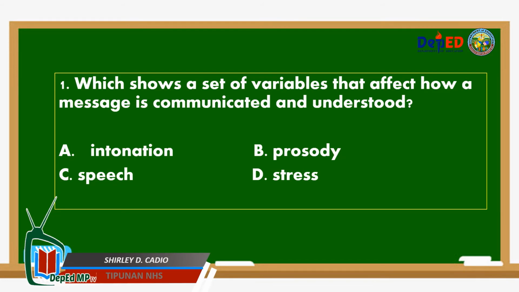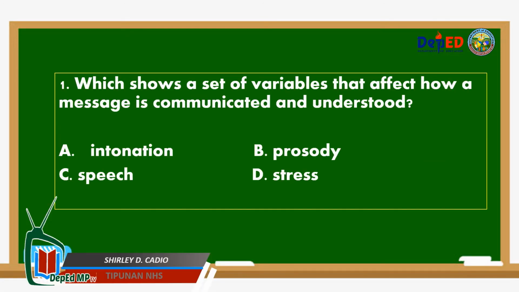Which shows the set of variables that affect how a message is communicated and understood? Letter A. Intonation. B. Prosody. C. Speech. Or D. Stress.